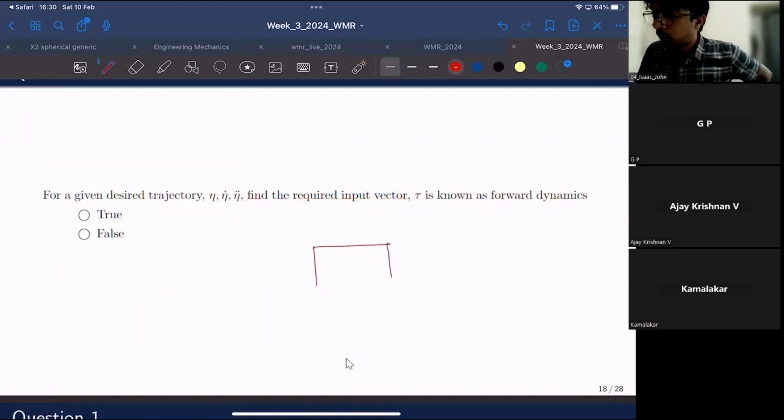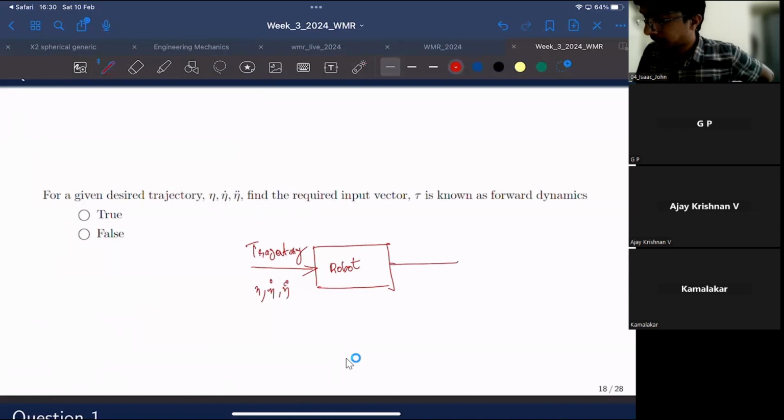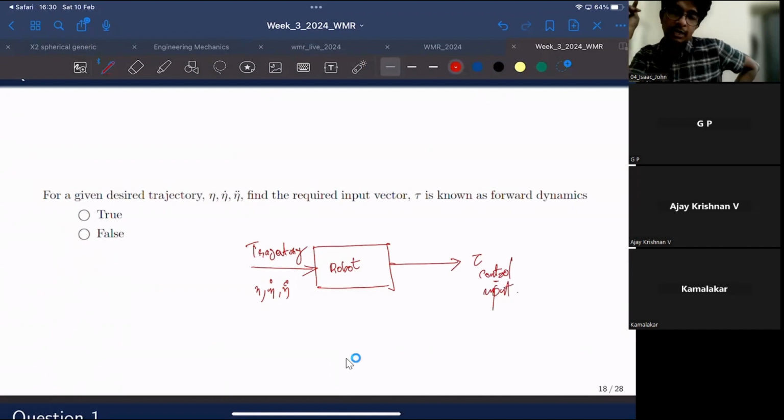So if you have a robot and you supply the desired trajectory, eta, eta dot, eta double dot, and it will give you the control input. So is this a case of a forward dynamics problem or is it a case of an inverse dynamics problem?